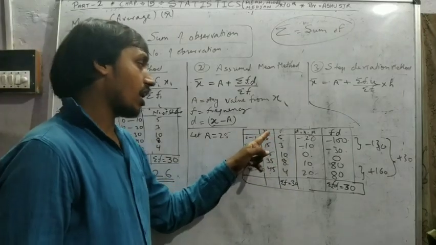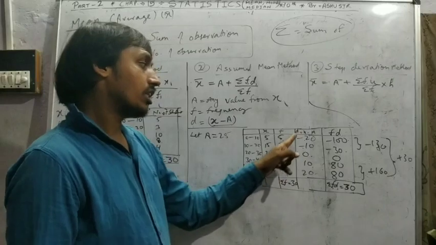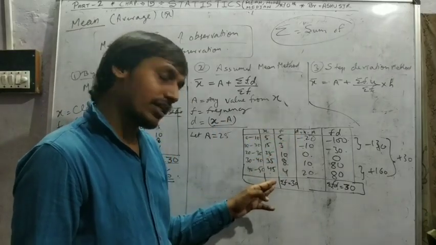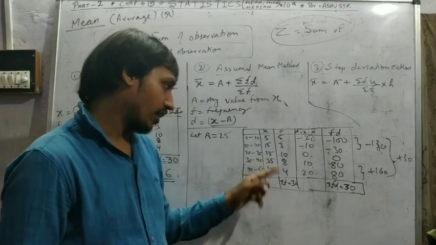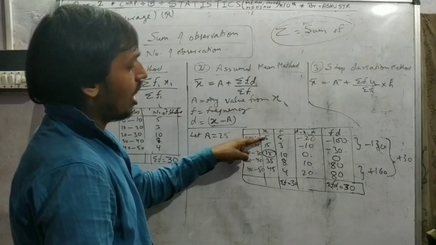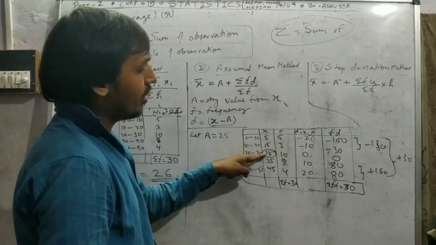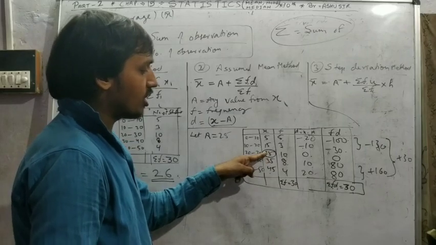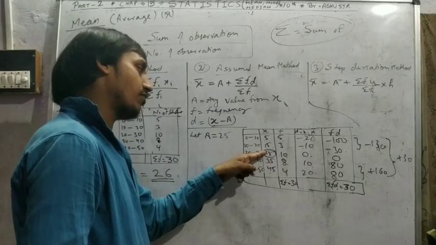We can find x, then d. X minus a, any value from x, we can take 25. Then x minus 25: 5 minus 25, 15 minus 25, 25 minus 25, 35 minus 25, 45 minus 25.